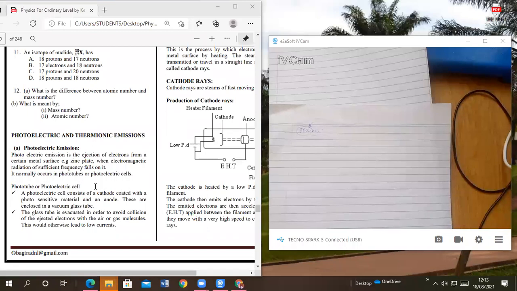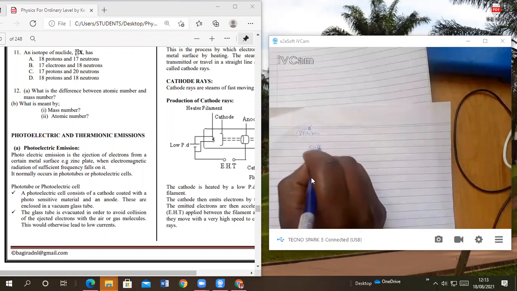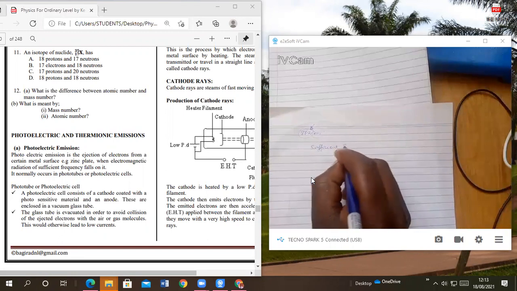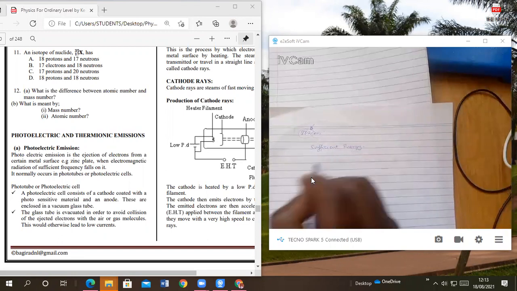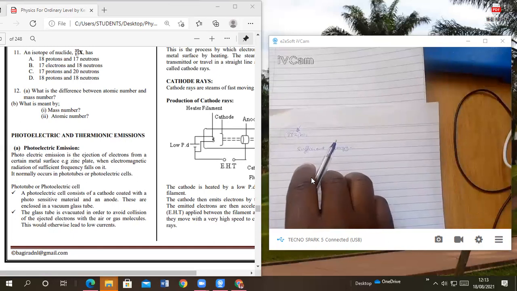So even the electromagnetic waves that are incident on a metal surface must have sufficient energy, depending on the frequency, for them to liberate or emit the electrons from the metal surface. Radiations with sufficient energy are the ones that are able to emit electrons.